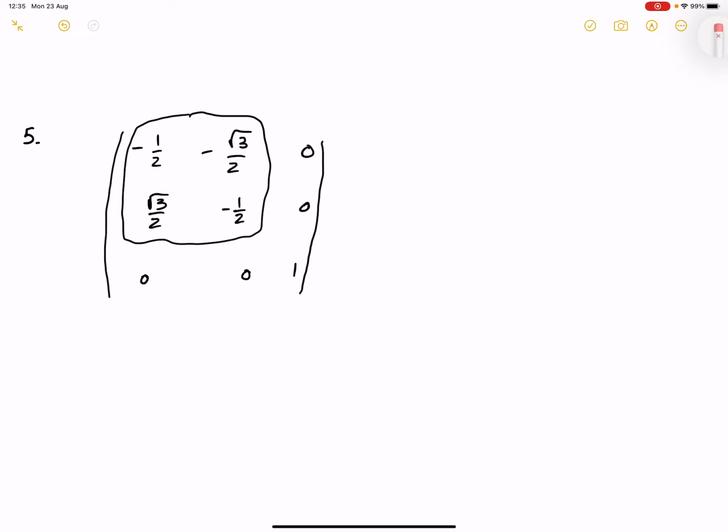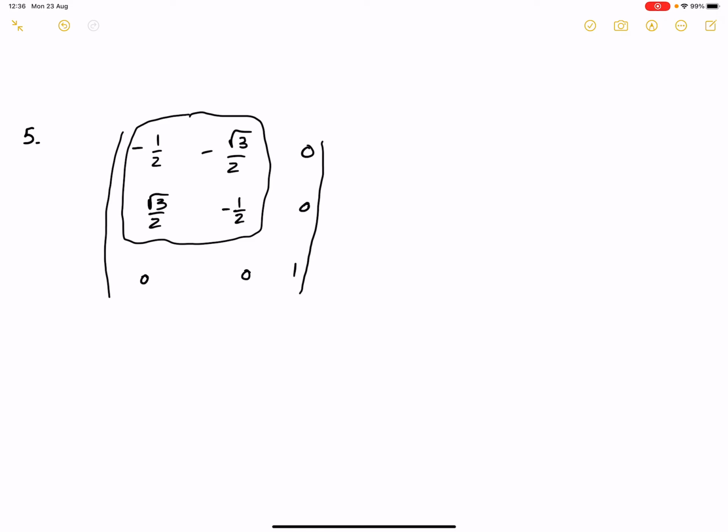If the 1 is here, it's around the z. If the 1 is in the middle, it's around the y. And if the 1 is top left here, it's a rotation around the x-axis, because it fixes that axis.